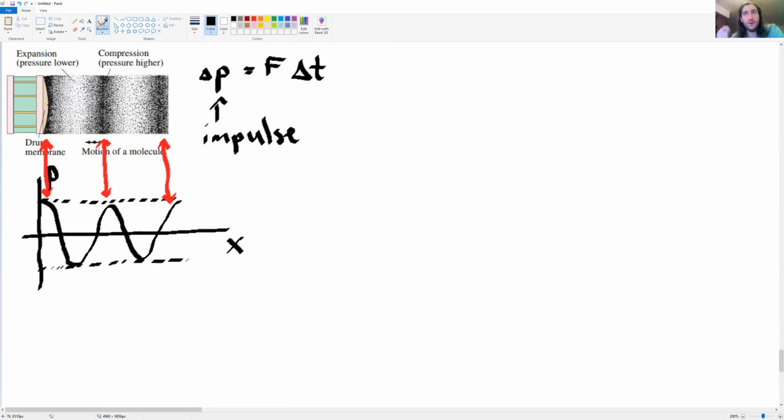If I smack a drum like this, it makes a sound, and that sound is vibrations of air molecules moving through that medium, the air, and there's a corresponding pressure wave that goes through the air, increasing and decreasing the pressure as that wave moves through. So sound waves are sometimes referred to as pressure waves.